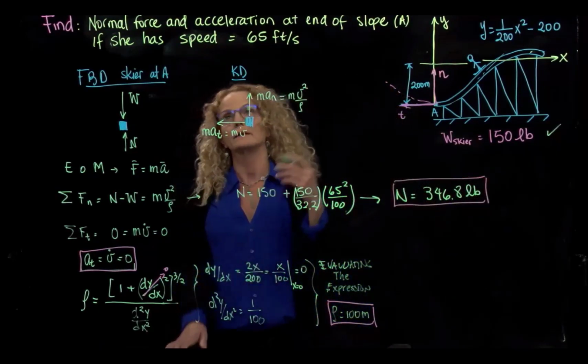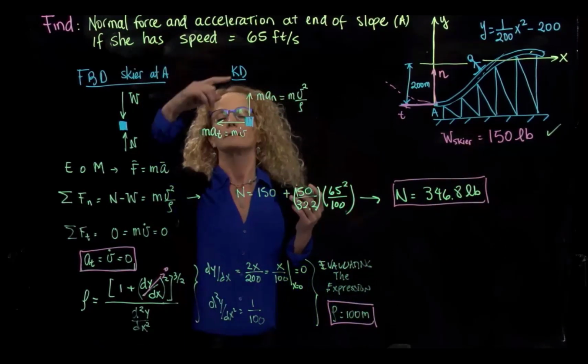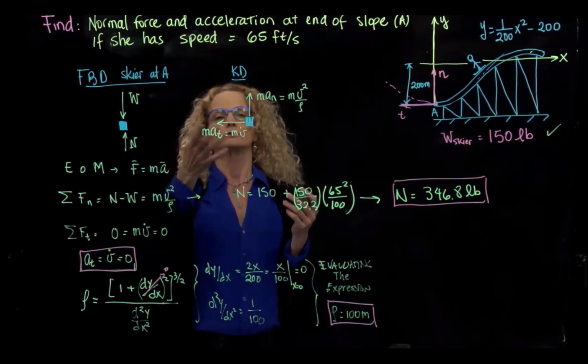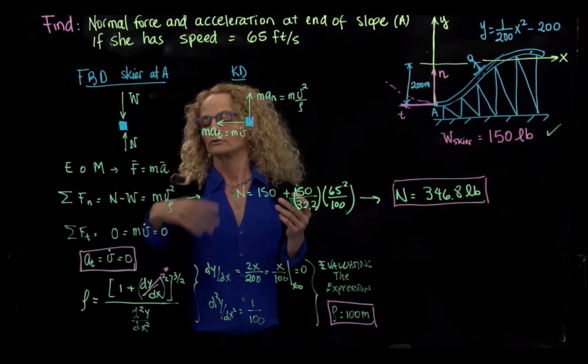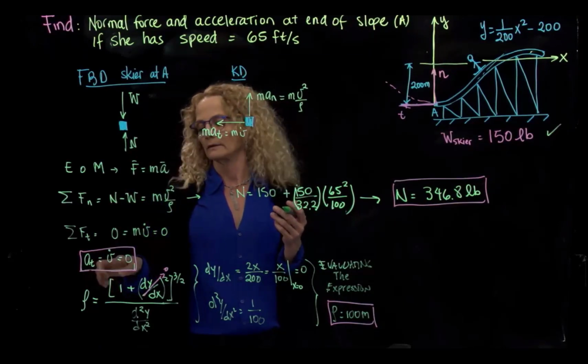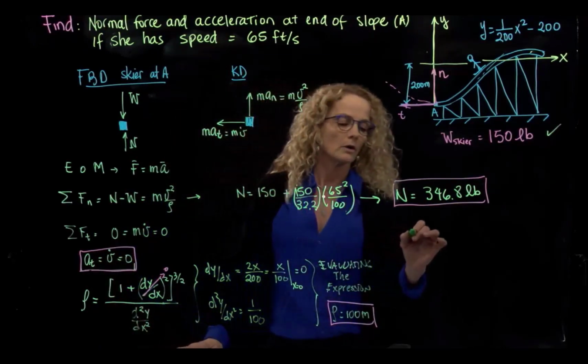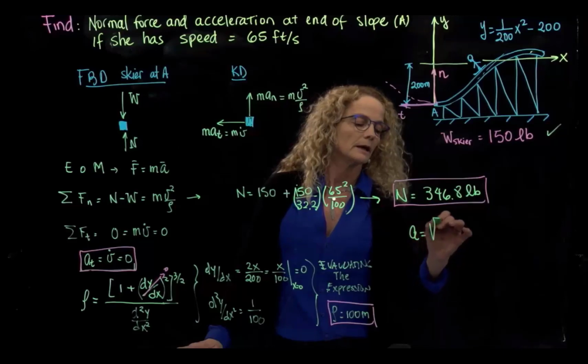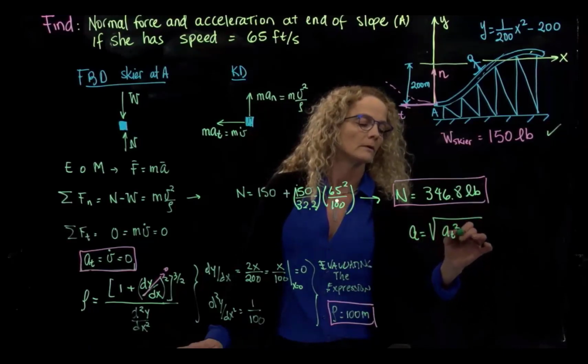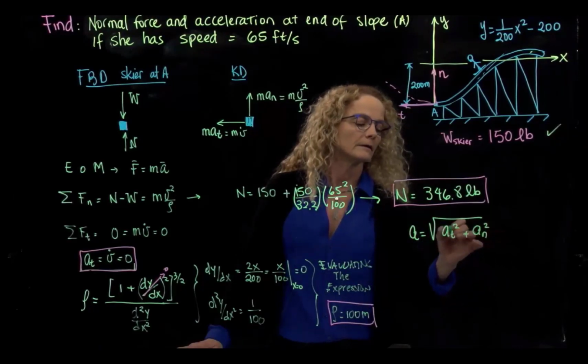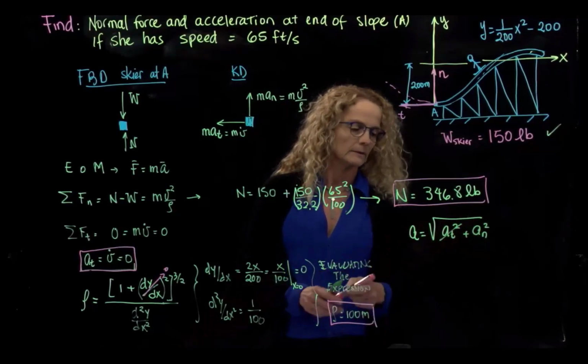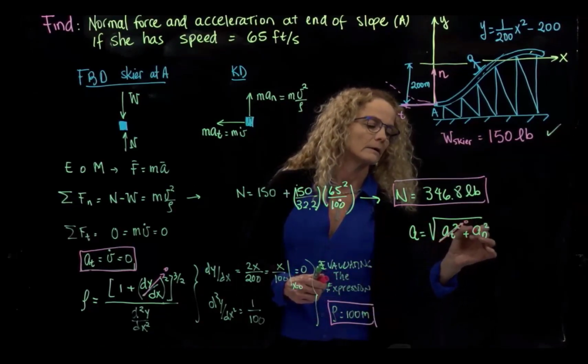We still have to find the acceleration because, as I said, the acceleration is not necessarily equal to 0 just because we found that the tangent acceleration is 0. You recall that acceleration has two components, and the tangent one is 0, but the normal one is not.